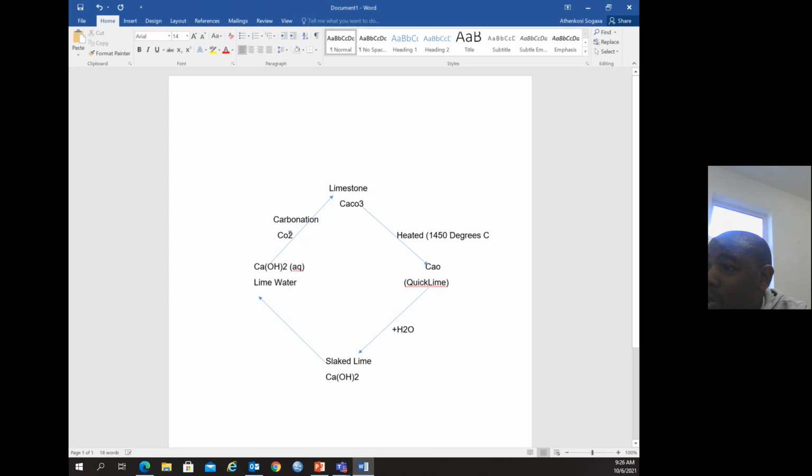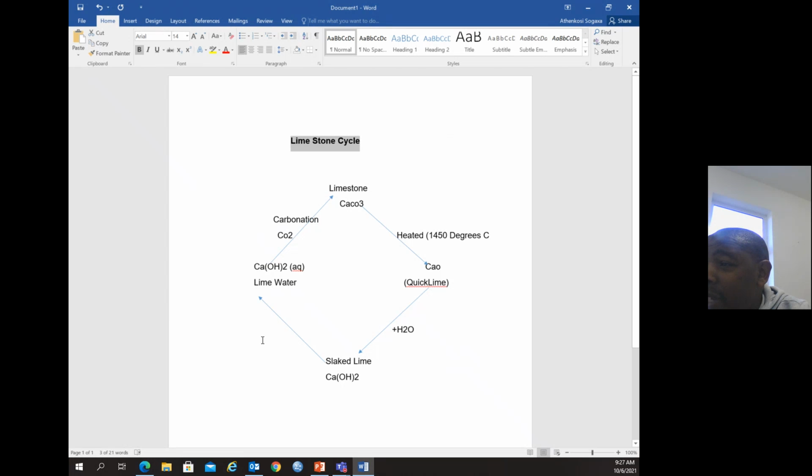You write that CO2 in a correct manner. This is known as the limestone cycle. That is your limestone cycle.